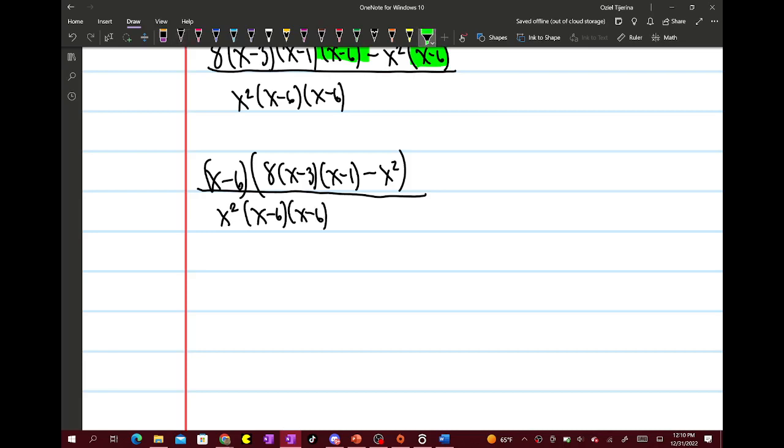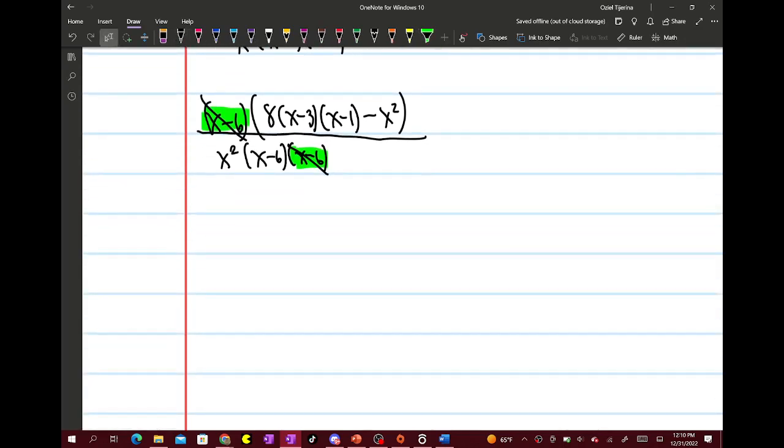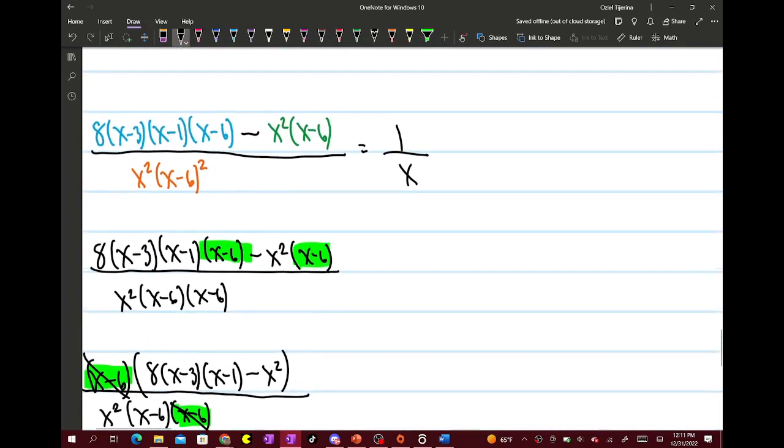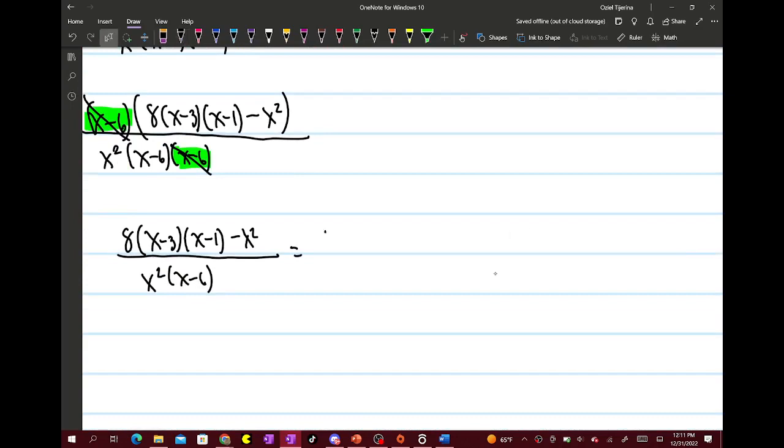So really, these two would cancel out, right? And then you're going to be left with 8 times (x minus 3) times (x minus 1) minus x squared over x squared times (x minus 6). And this is going to be equal to 1 over x, right?